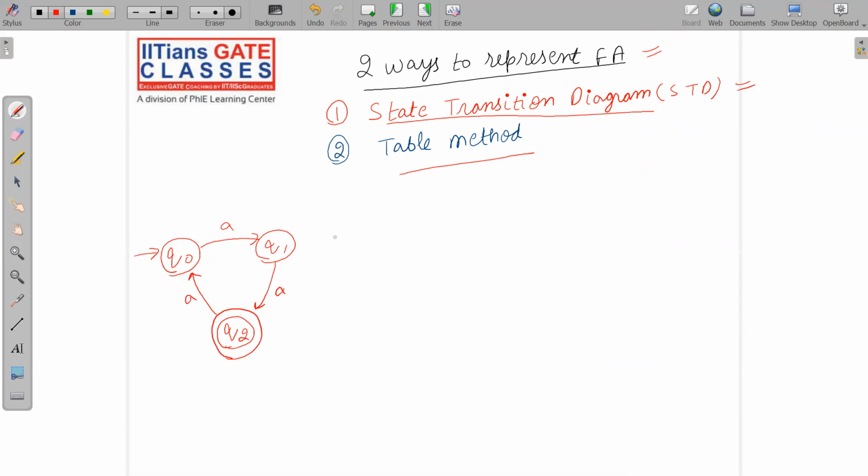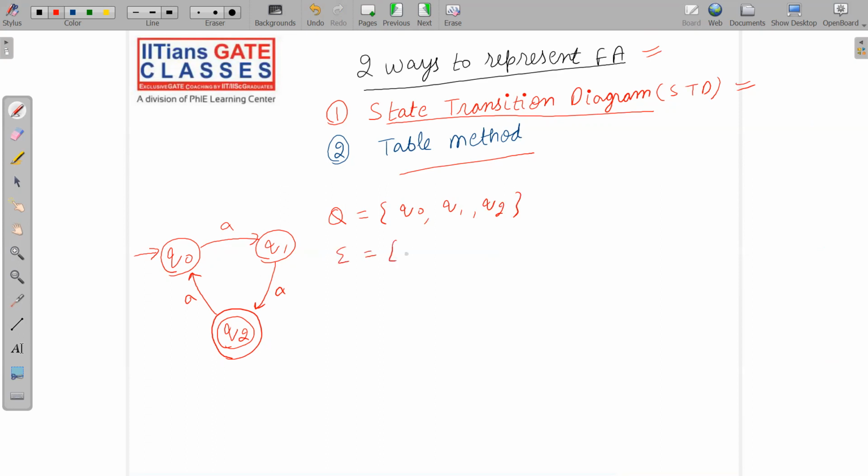First we should know all the 5 tuple in this machine, then we will jump to other things. So let's do the labeling. Q is the set of states. Q naught, Q1, and Q2 are the states.